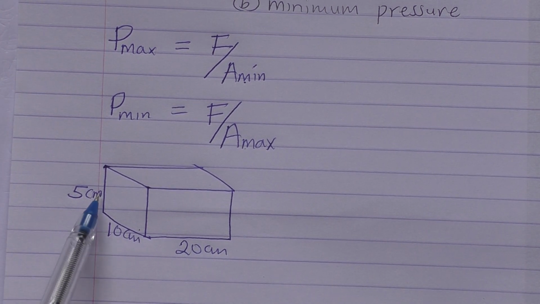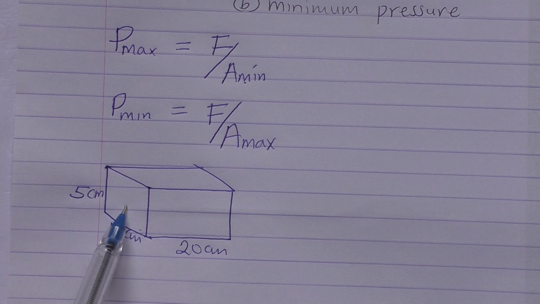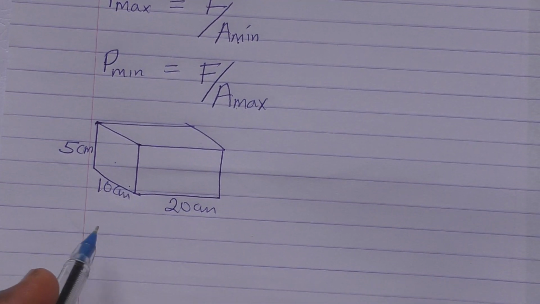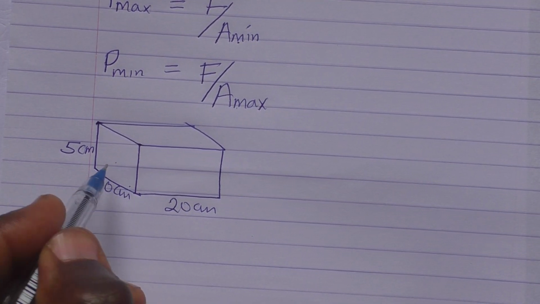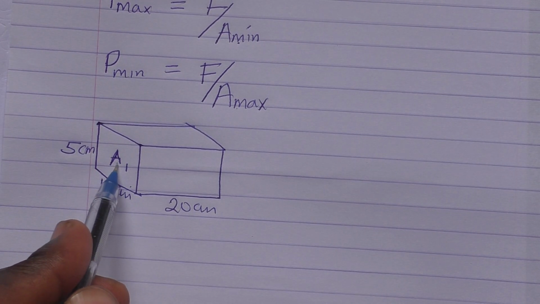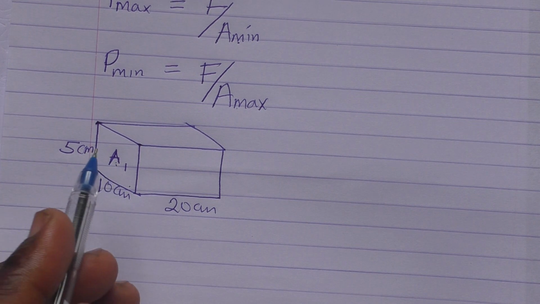And assuming we first use this face, we shall consider these dimensions to get the area. So this will give us area 1 when we use this face in contact with the ground or the floor.